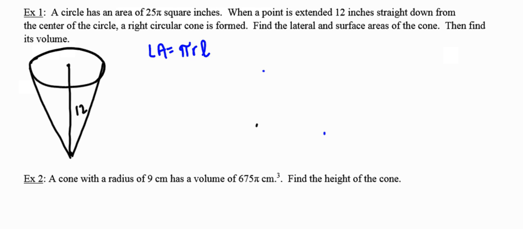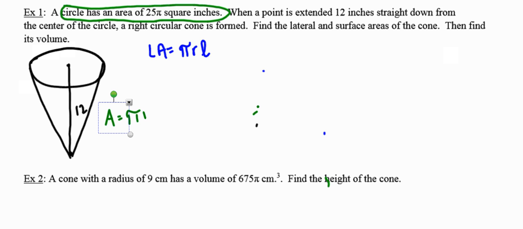So let's go find the radius of our circle. They don't tell us anything about the circle except that its area is 25 pi square inches. So I want to know the radius. I know the formula that they used in order to determine that area was area equals pi times r squared.